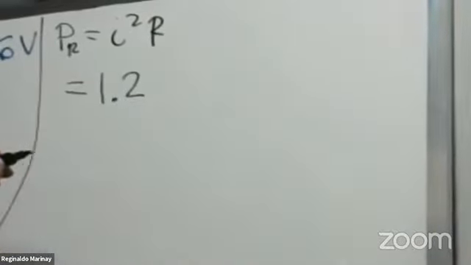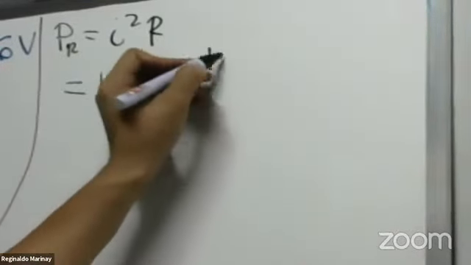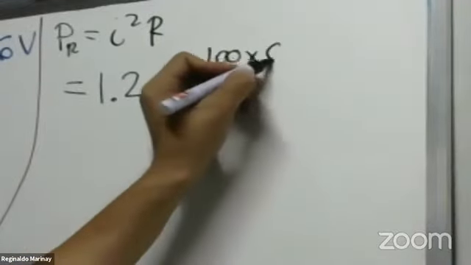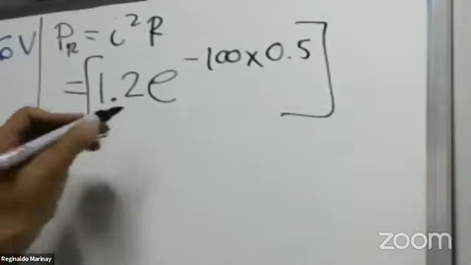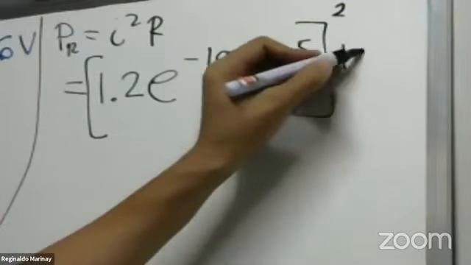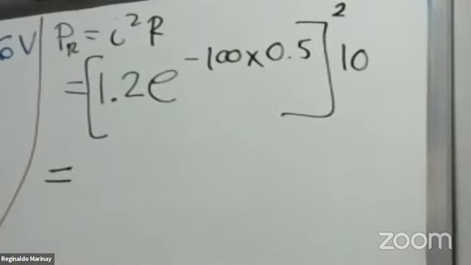We solved that already. So we have e raised to negative 100 times 0.5, and then that quantity squared times R. So we have 10. Give me the value here for R. What is the value for P_R?